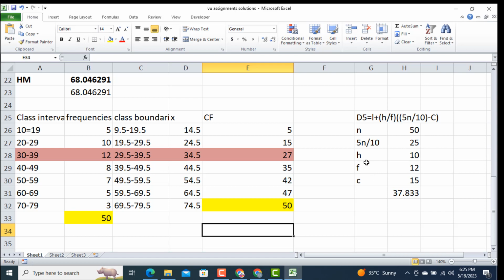Which value of frequency have we picked up? The colored group where this frequency is 12. I have picked up this value and put it here. C is the above cumulative frequency, which has been taken from the CF column. So 15. Now put all these values in this formula, and you will get 37.835.